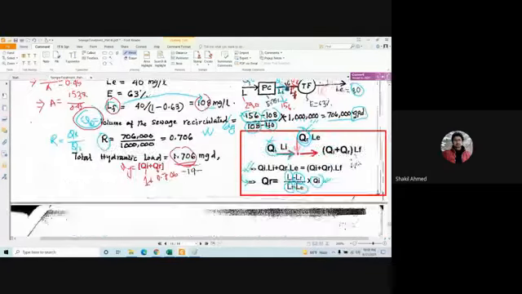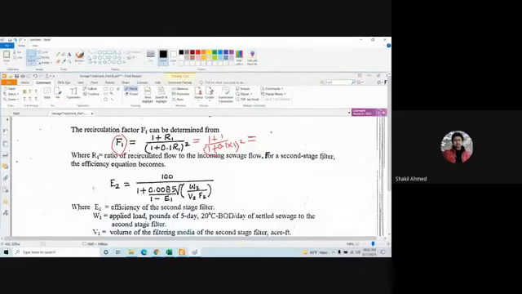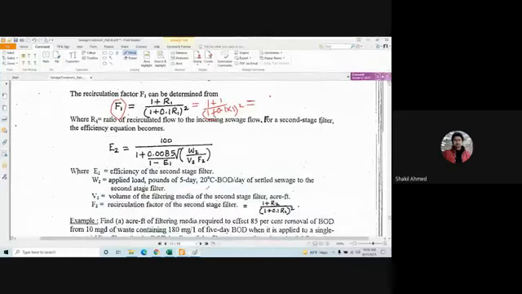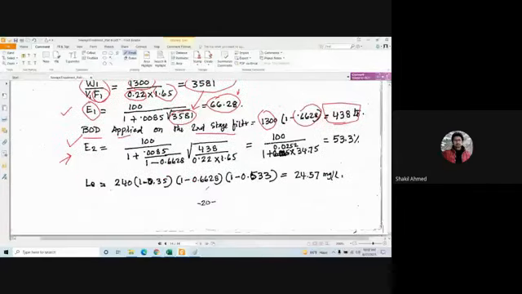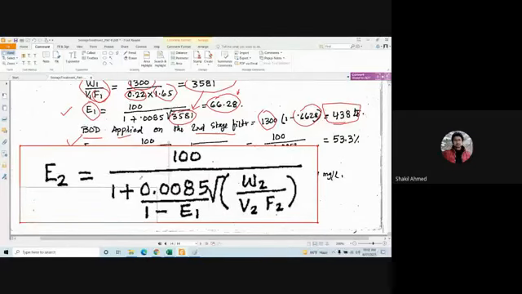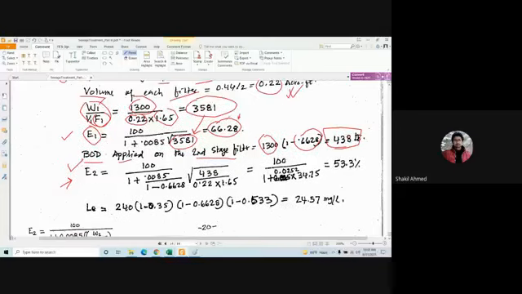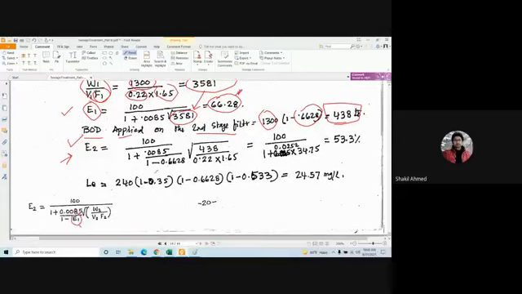And now you go to the formula for E2. What is the formula of E2, guys? The formula of E2 is this. E2 equals 100 divided by 1 plus 0.0085 root over W2 divided by V2 F2. What is E1, guys? E1 equals 0.6628.